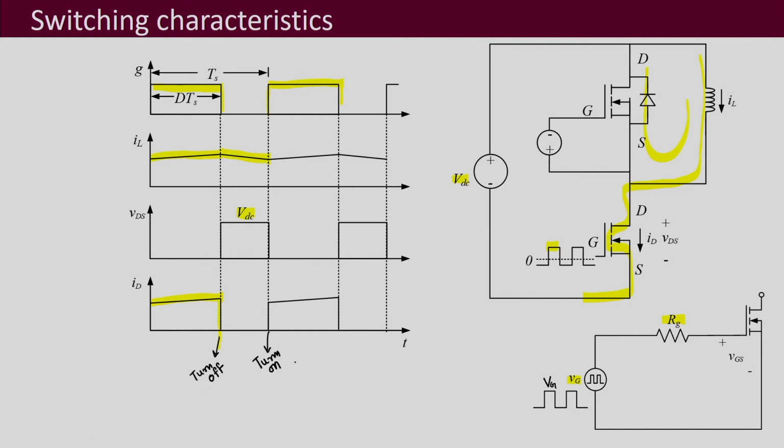What we observe is that when the MOSFET is turning off, the diode is going to turn on at that time. And when the MOSFET is turning on, the diode turns off.